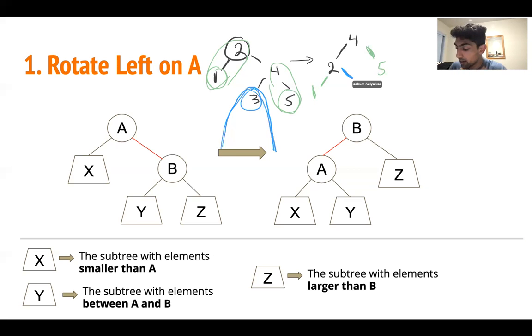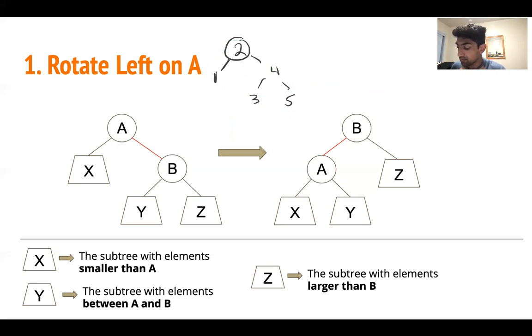So what we can do is set 3 as the right child of 2. Now what we can see is that this subtree is between 2 and 4 in this tree. In the new tree, it's still between 2 and 4, right? And if we want to see a more general version of this, looking at this example right here, we see that in general, when we want to perform a rotate left, looking at the subtrees X, Y, and Z, we're going to take A, right?